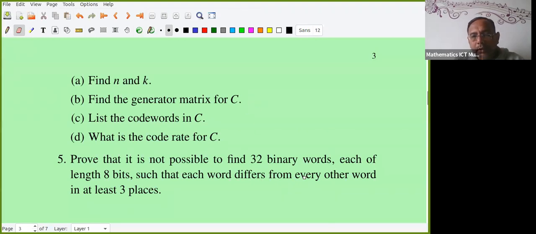Okay, so at least 3 places means what? What do we know about the code? Something. Can you say?